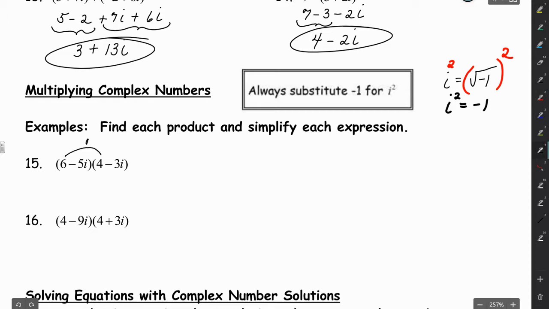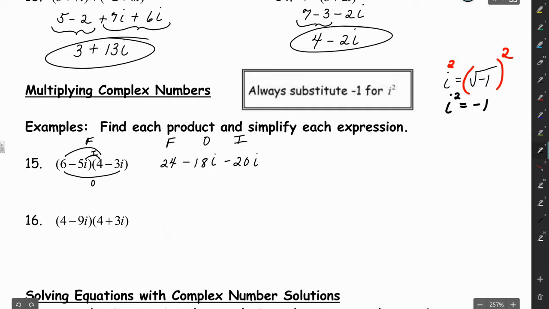So first, we've got 24. Outer, 6 times negative 3i, that's negative 18i. Our inner is going to be negative 5i times 4, that's negative 20i.